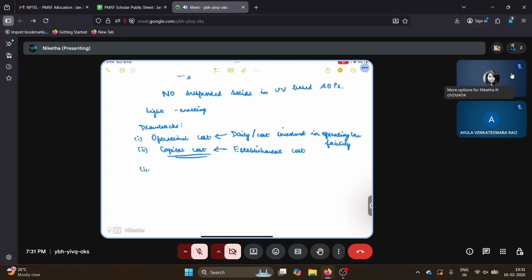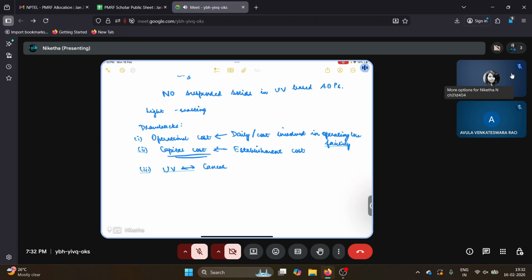And because UV radiation is directly linked to cancer, exposure to UV radiation is known to cause cancer. The reason is it doesn't just damage the cells of microbes; it also damages human cells. Especially if it is exposed on the skin, it can lead to skin cancer, so there is a safety concern.